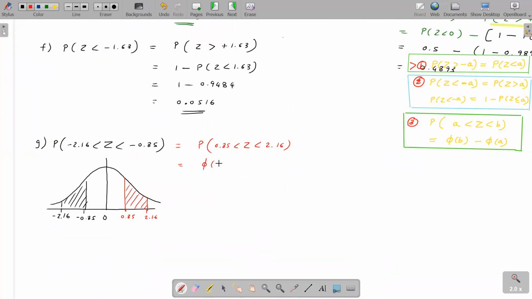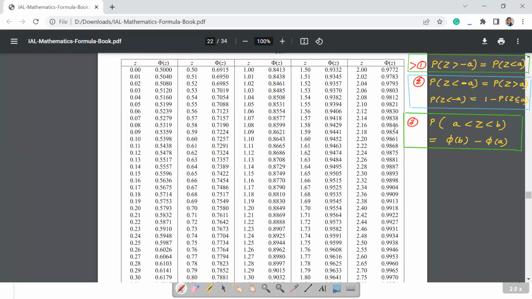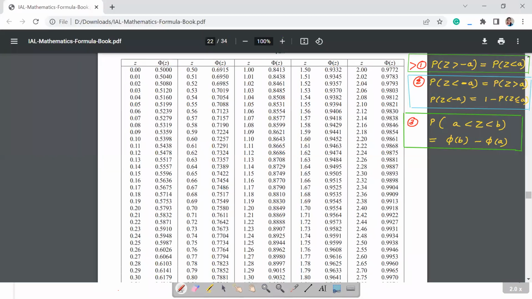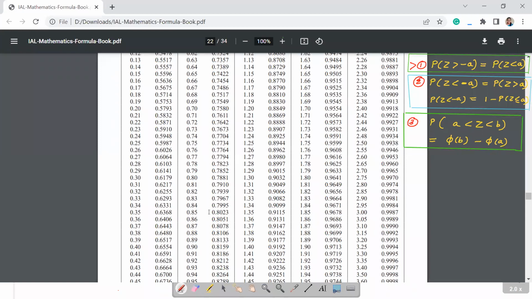So this is directly phi 2.16 minus phi 0.85, the less than probabilities directly, and you can directly get the answer from the table now. So phi 2.16, 2.16 is 0.9486. So this is 0.9486 minus phi 0.85. 0.85 is 0.8023.